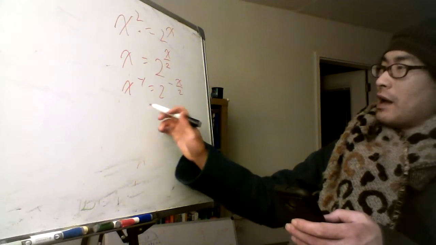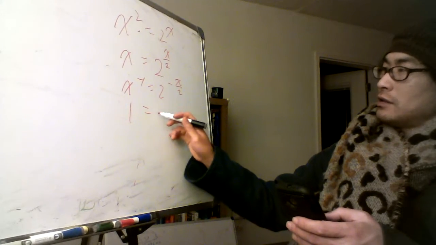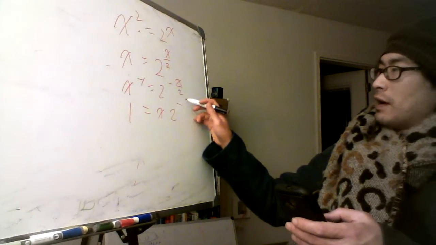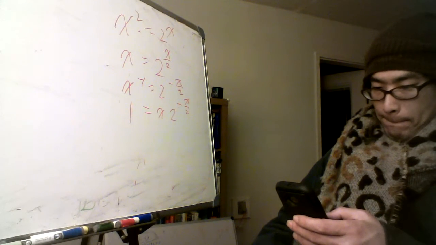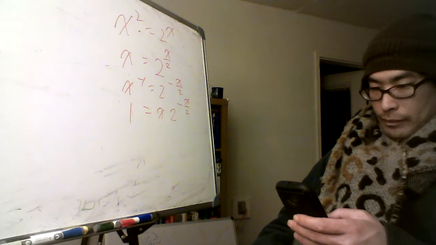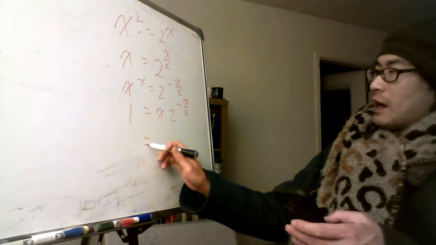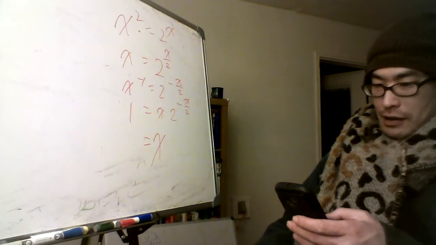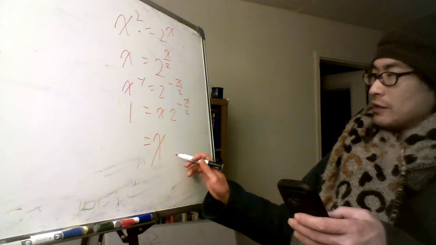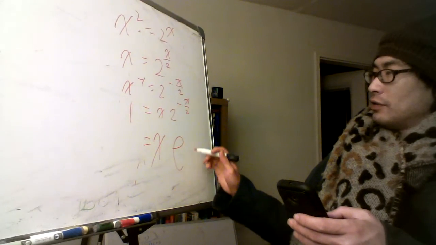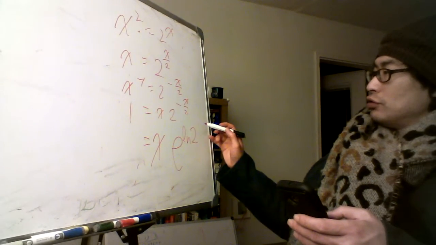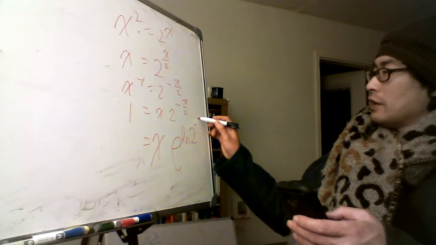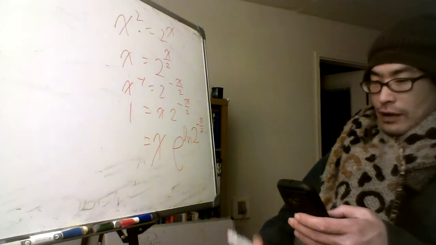We multiply by x on both sides, and it's x times 2 to the minus x over 2. And this is equal to x times, he does this, e to the ln 2 to the x over 2. That's what he did.